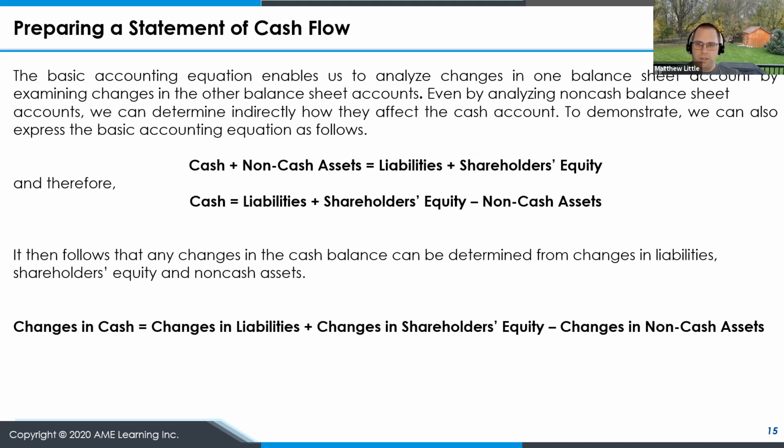If cash plus non-cash assets equals liabilities plus shareholders' equity, and we move the algebraic formula around, cash is equal to liabilities plus shareholders' equity less the non-cash assets. So as we split the asset piece into cash and non-cash, any changes in cash on the left side equal the changes in liabilities plus the changes in shareholders' equity less the changes in non-cash assets. Hopefully that helps you picture how those changes impact each other.